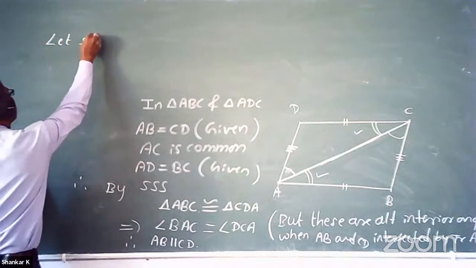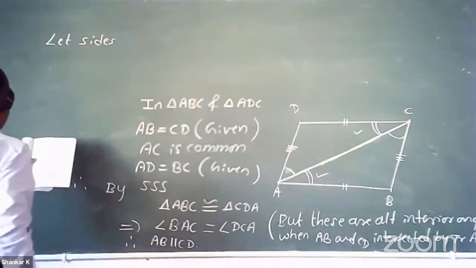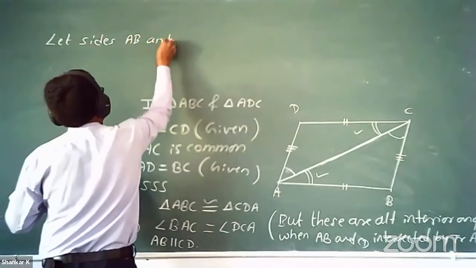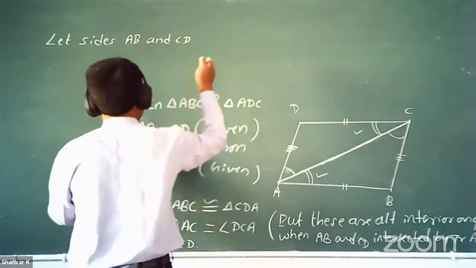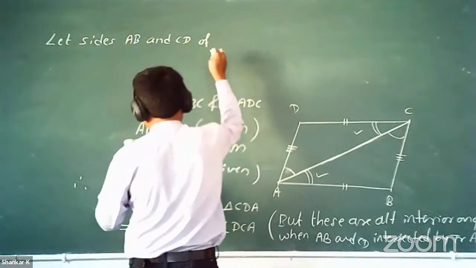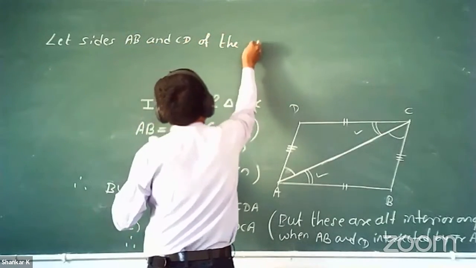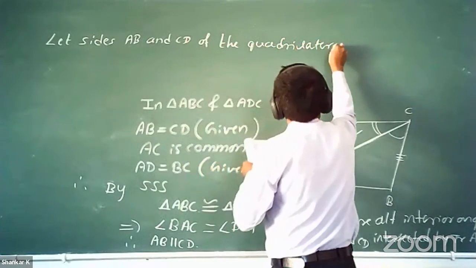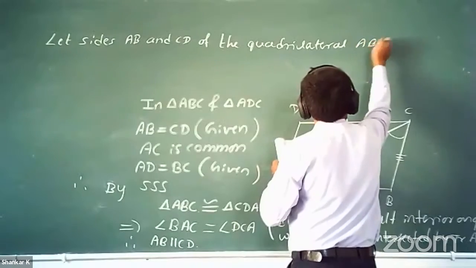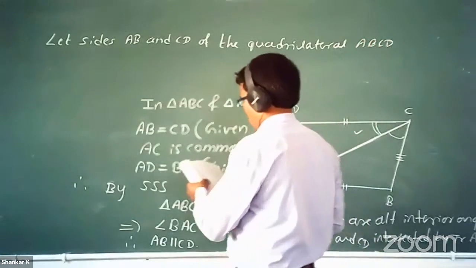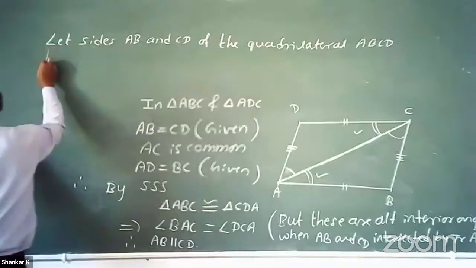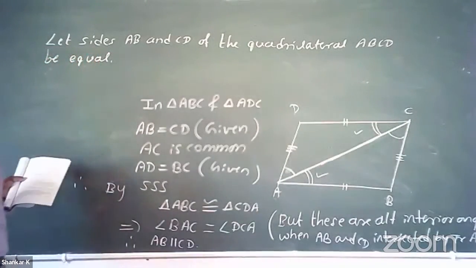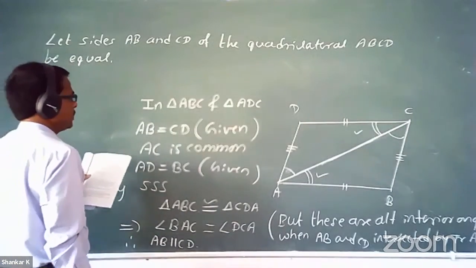Let us take sides AB and CD of the quadrilateral ABCD.